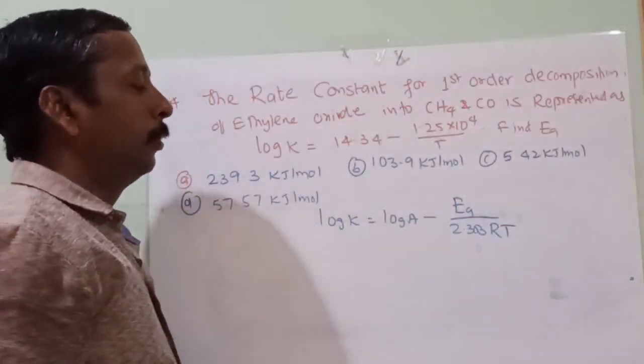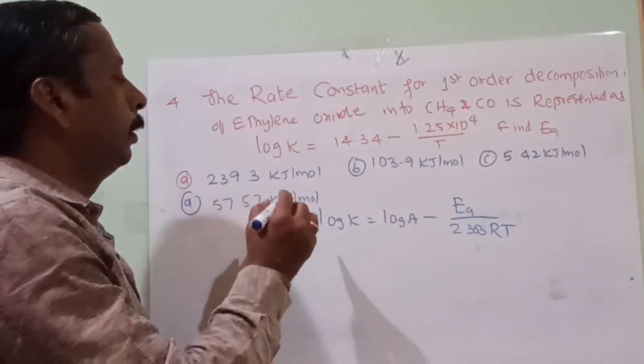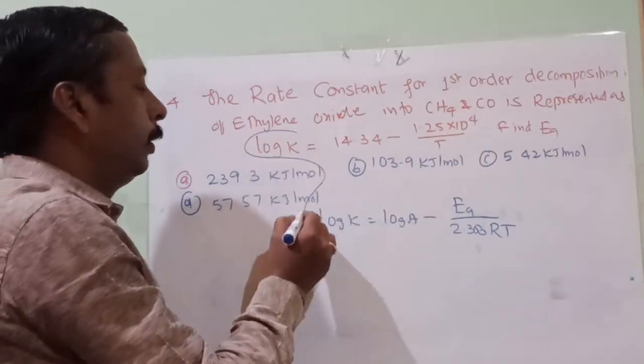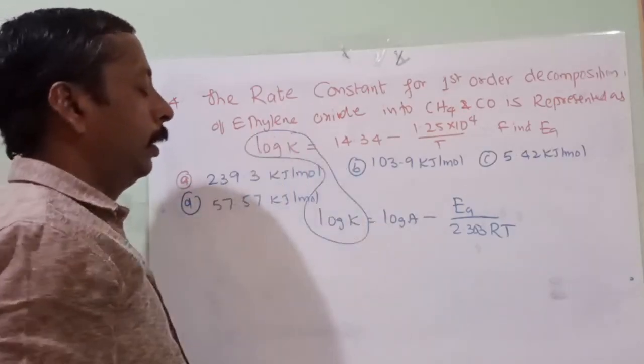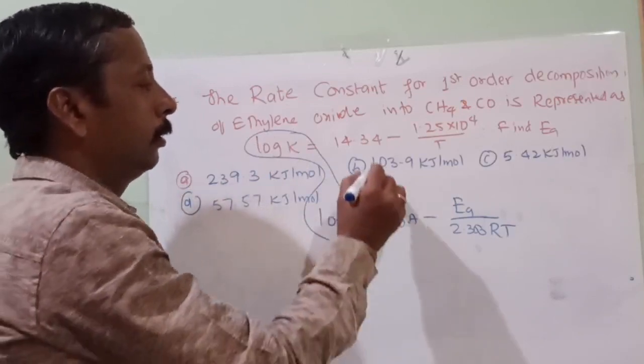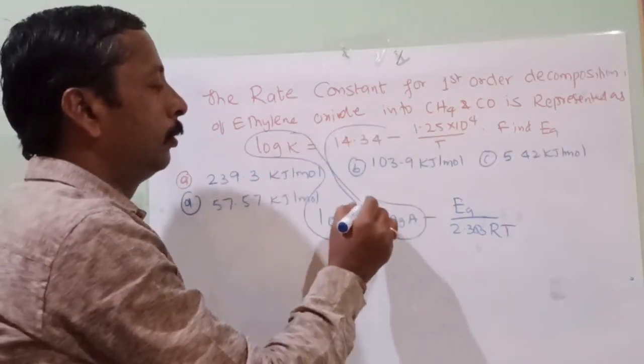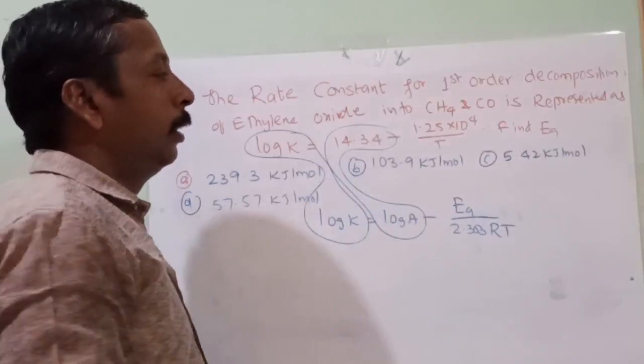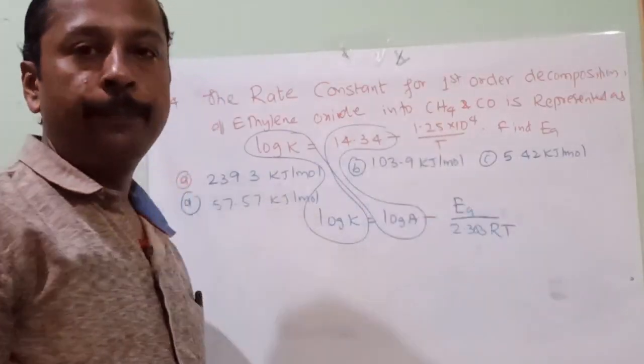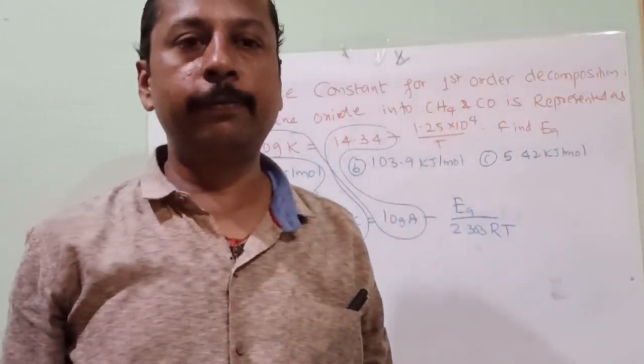So this is the equation. See, on comparison, this is log K. Log K is matching. With this it is also matching log A. And is it matching here? Think. Think yourself and you can tell me.